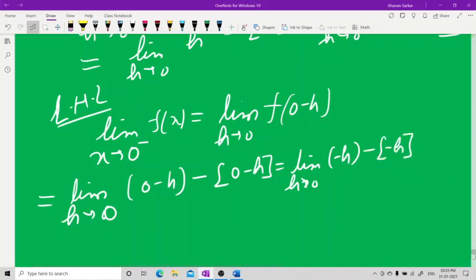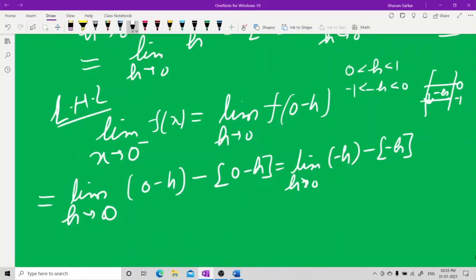Now the problem is, h is always greater than 0 and less than 1, but minus h is less than 0 and greater than minus 1. So minus h, let's draw the ladder here. This is 0 and this is minus 1, and minus h is somewhere here. So the greatest integer of minus h will come to minus 1.